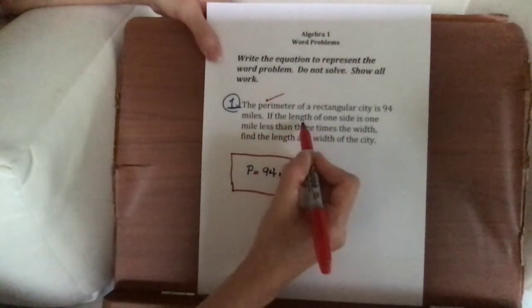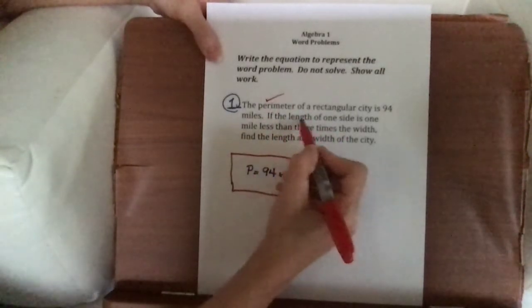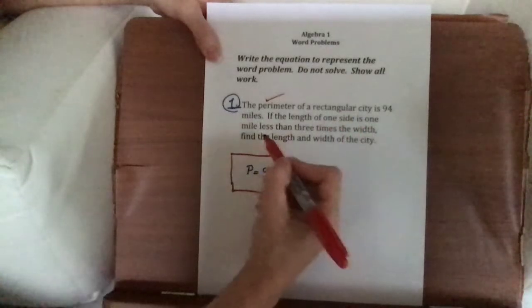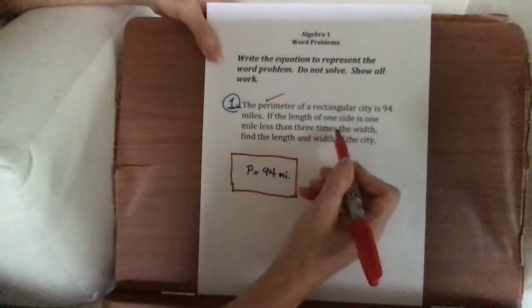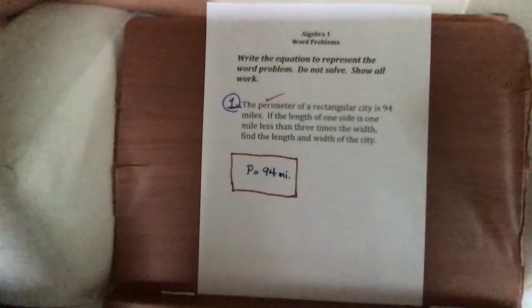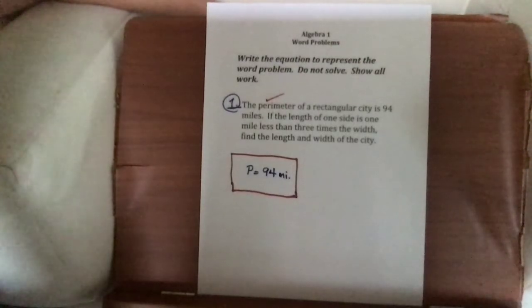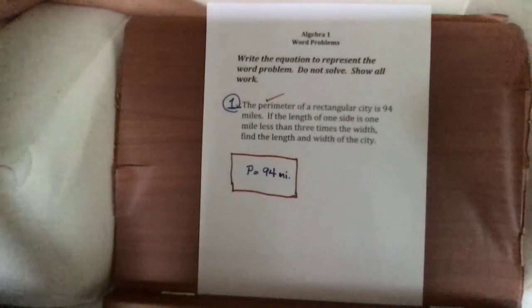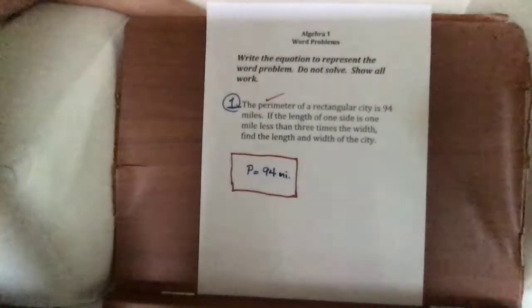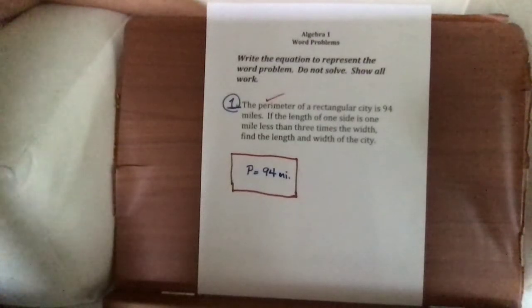We move to the next sentence, and it says if the length of one side is 1 mile less than 3 times the width. So what you have to ask yourself in every word problem is what is being described and what is not. You really want to know what you don't have any information about so that becomes your variable.